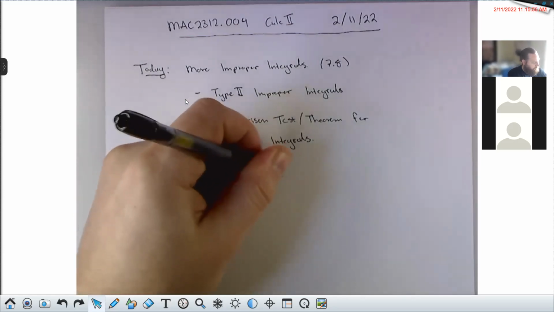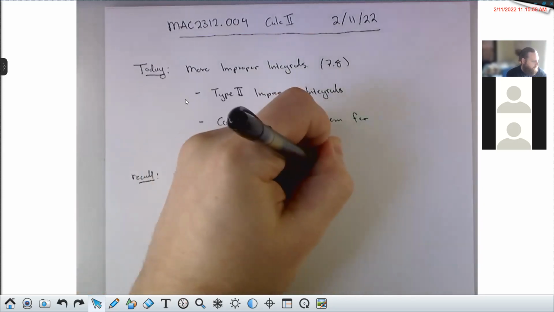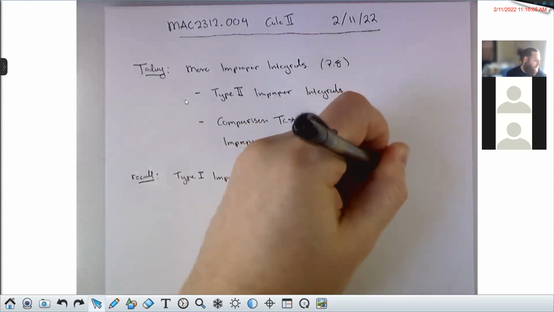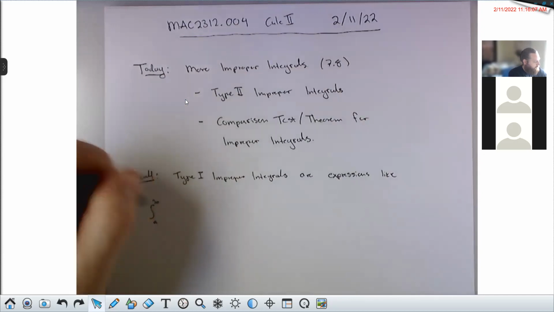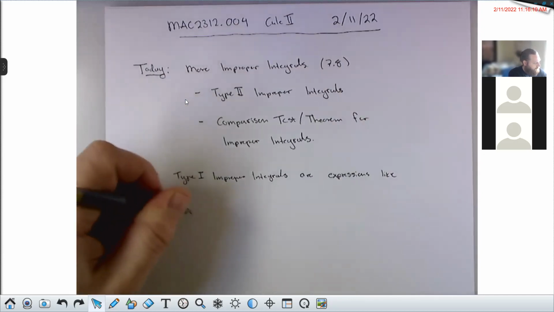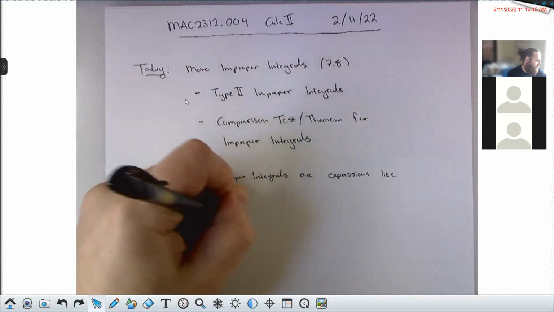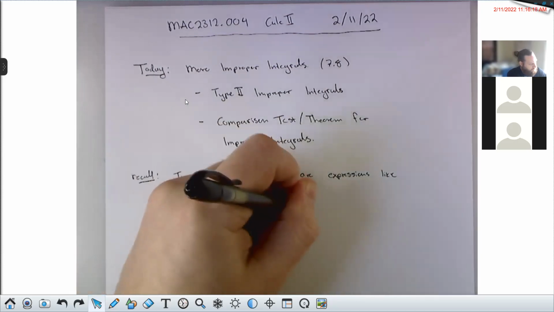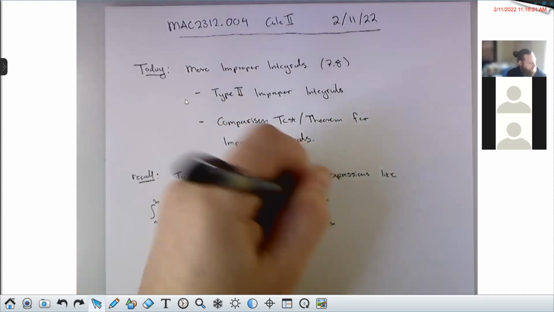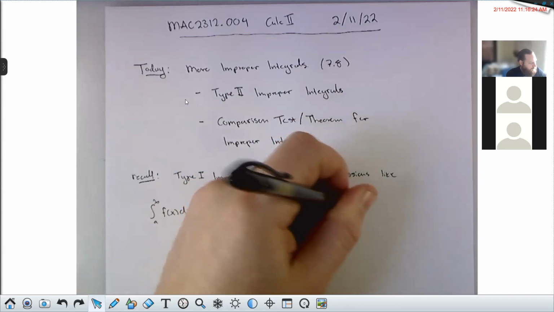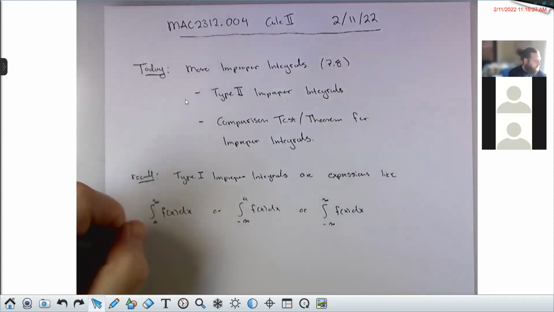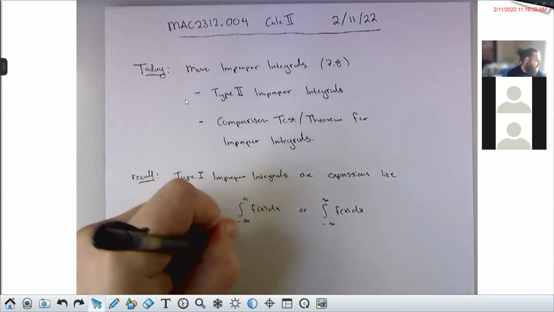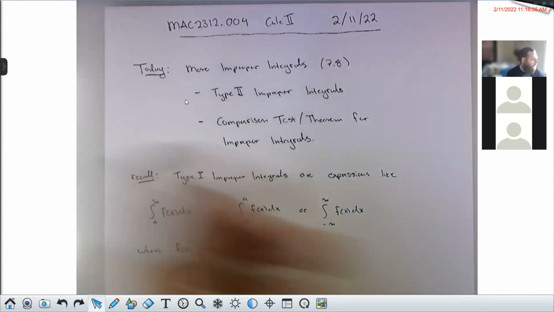Type 1 improper integrals are expressions like the integral from a to infinity of f of x dx, or the integral from negative infinity up to a of f of x dx, or the integral from negative infinity to infinity of f of x dx, where f of x is continuous on the interval of integration.